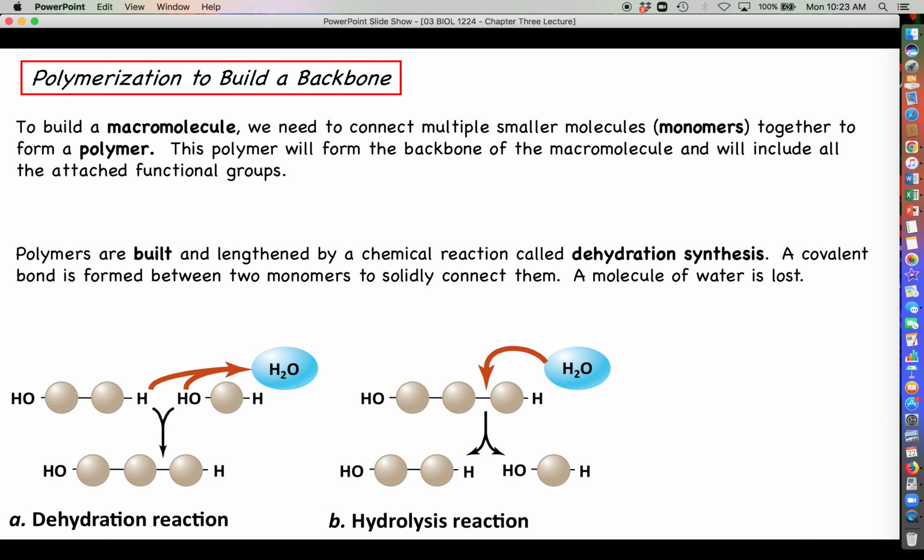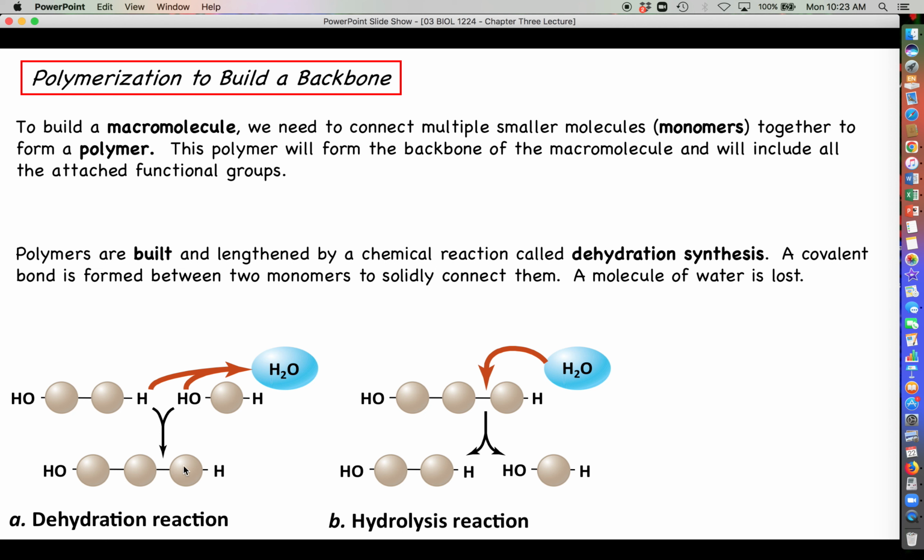The reason why this is called dehydration synthesis is you can actually see that an element of water is lost between the 2 monomers that we are about to attach together. So this monomer right here has a hydrogen atom sticking off of it, and this monomer here has an OH sticking off of it, so H2O.